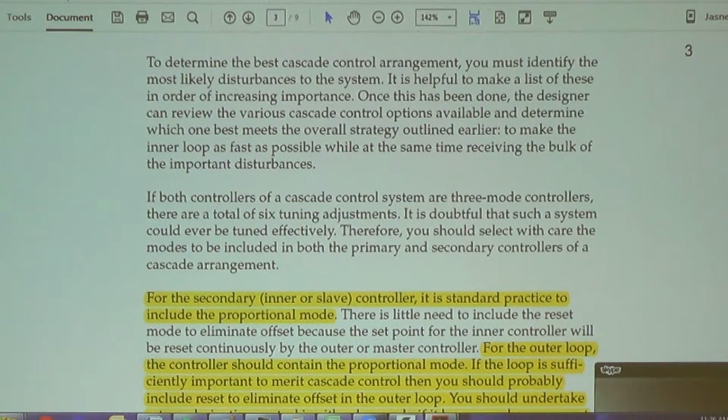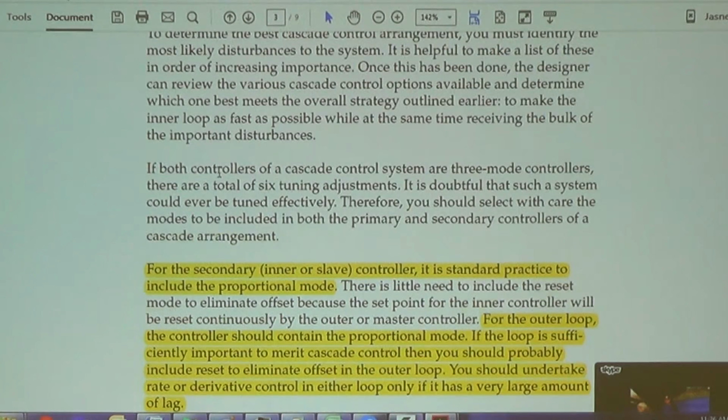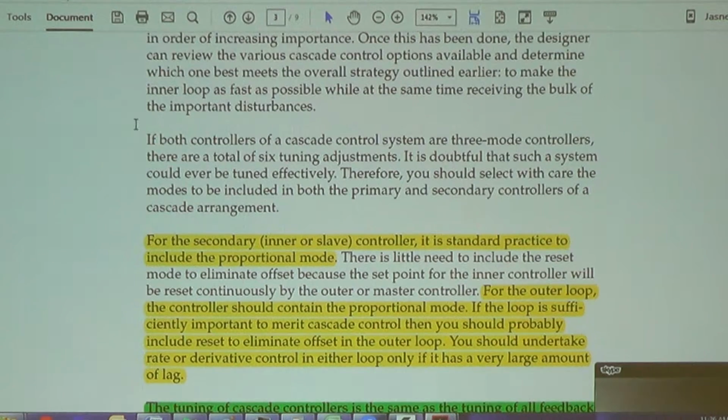Now, how do we tune a cascade controller? This is your question, which will be coming always. There are two questions that come. First thing is, the secondary or the inner slave controller would always include a proportional mode.